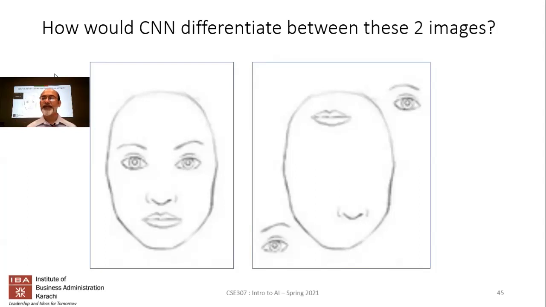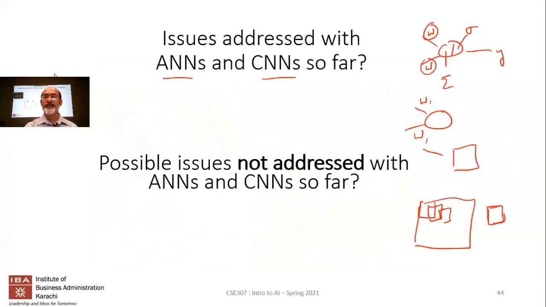If you look at this image, the left image is a proper face, and the right image has all the ingredients that were present in the left image. It has the lips, the left eye, the right eye, the mouth, maybe the nose is missing. No, the nose is also there. So everything is there, except they are not in the right order. So the question is, what do you think the CNN will tell you?